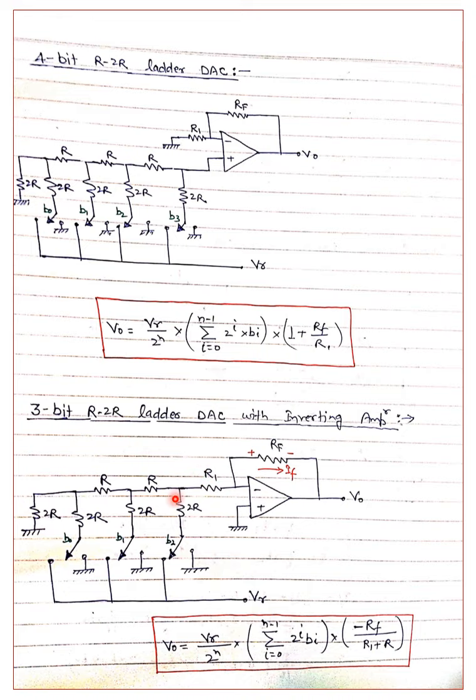So R1 plus, and when you solve this configuration of resistors, you will get an equivalent resistance equal to R. So the total resistance of this circuit is R1 plus R. The gain is minus Rf upon R1 plus R, and the final output comes out the same, V0 equal to VR upon 2 raised to power n into the decimal equivalent into K.